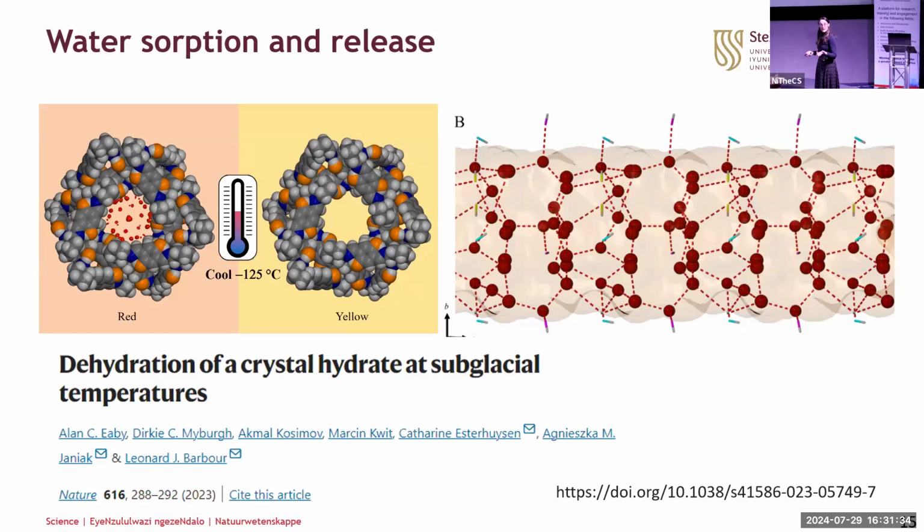But we reckon there are other materials that do this. It's just that nobody's noticed it because nobody's had one that changes color so beautifully in the process. So if you are interested in water harvesting, please go and have a look at this paper. There's a list of compounds that we think do this, and maybe your compound is in there, and you can go and see whether or not you can get the water out at very low temperatures.